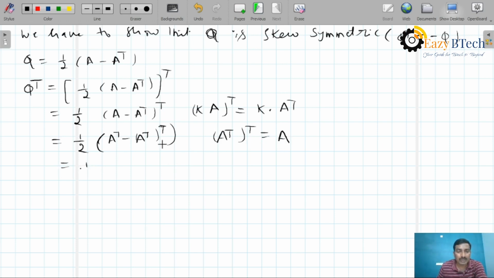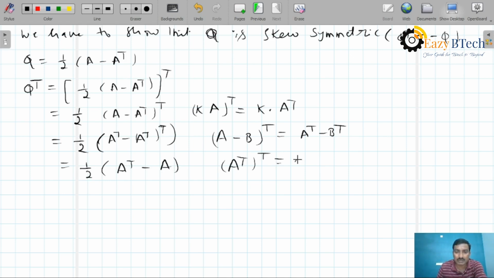Here I applied one more property: (A minus B) whole transpose can be written as A transpose minus B transpose. Then you get 1 by 2 into (A transpose minus A transpose whole transpose). This can be written as 1 by 2 into (A transpose minus A). That means here I applied A transpose whole transpose equals A.